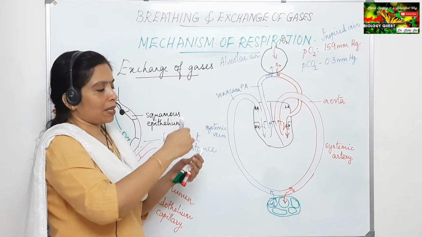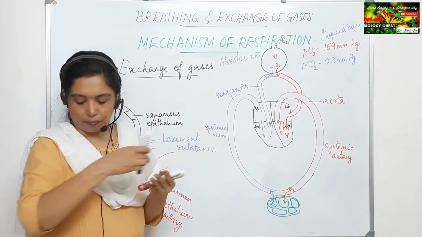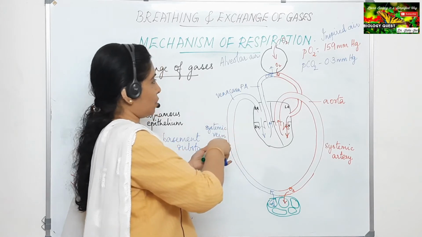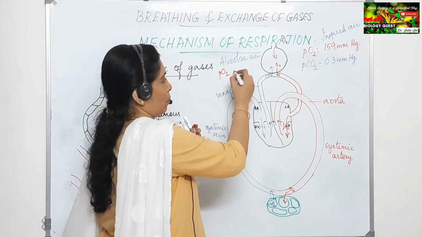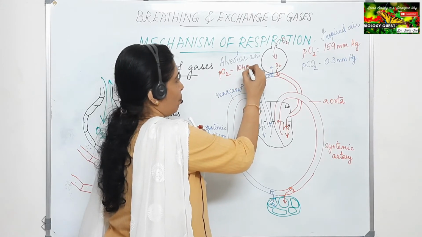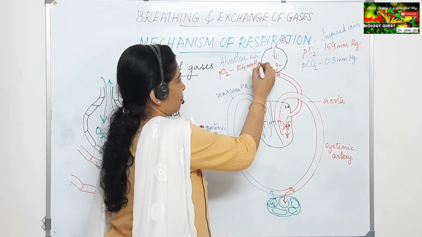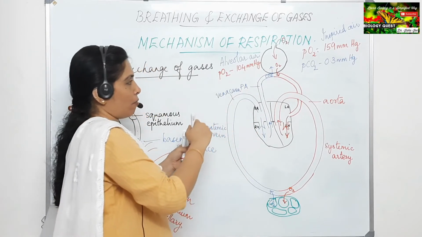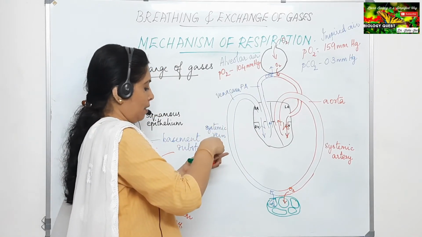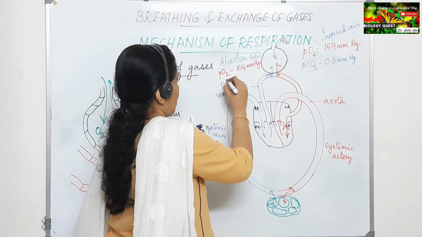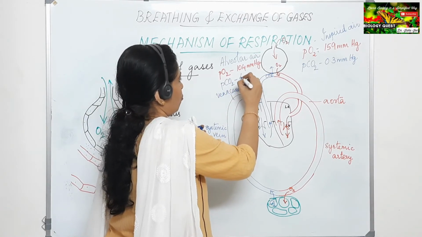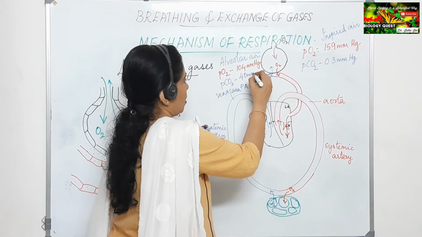So the partial pressure of oxygen in the alveolar air is 104 millimeters mercury, and that of carbon dioxide is 40 millimeters mercury.